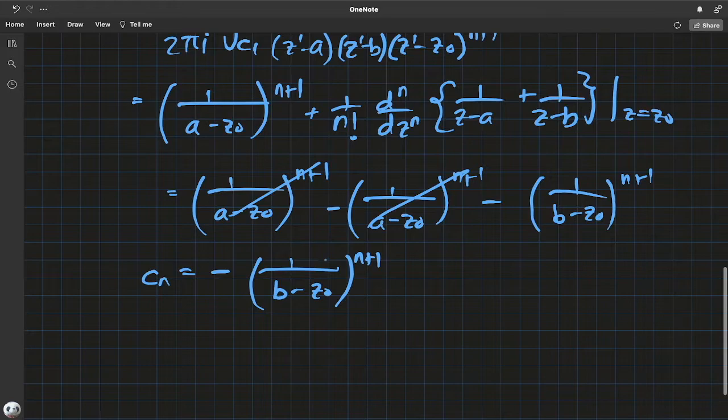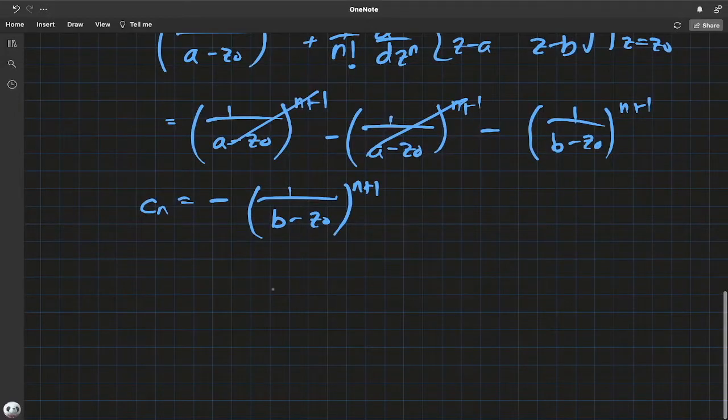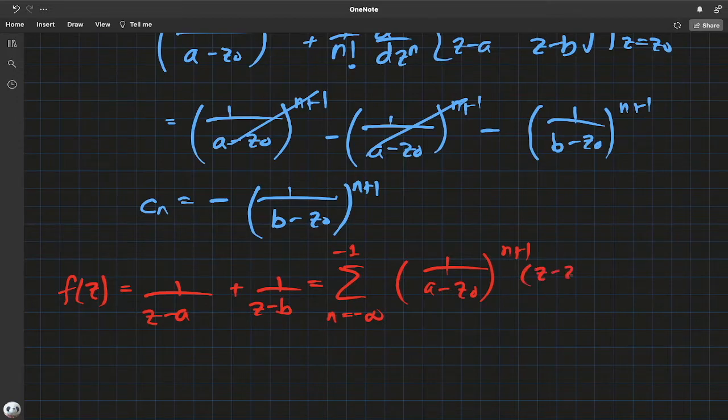And now, since we have the coefficients for the positive semi-definite and the negative case, let's write the expansion down. So let's write the expansion f of z, which is 1 over z minus a plus 1 over z minus b, and break them up. Let's write the negative ones first, so negative infinity to minus 1, again doing the right order this time: a minus z naught to the n plus first, and then z minus z naught to the n, because it's again a power series.